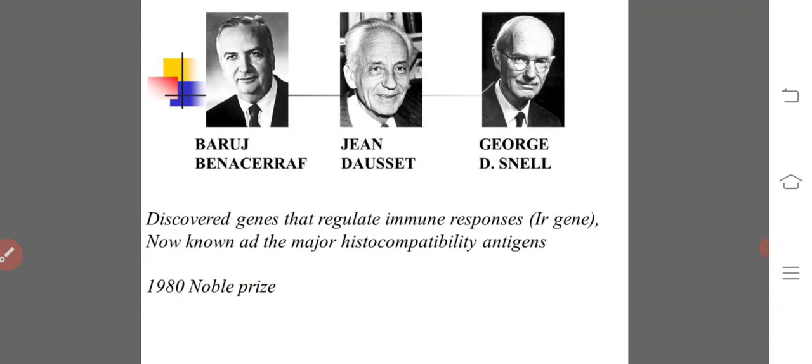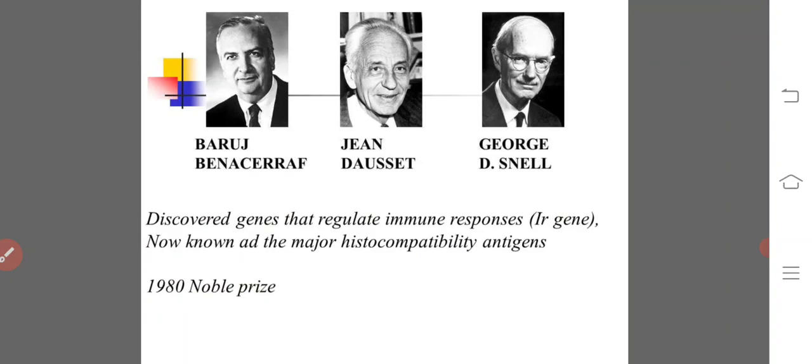Work carried out in the 1940s and 1950s by Peter Gorer and George Snell established that antigens encoded by the genes in the group designated 2, Roman numeral II, took part in the rejection of transplanted tumors and other tissues. George Snell called these genes histocompatibility genes.